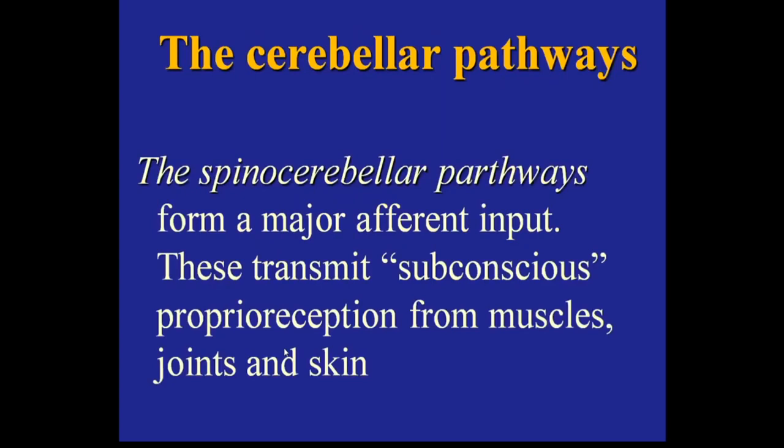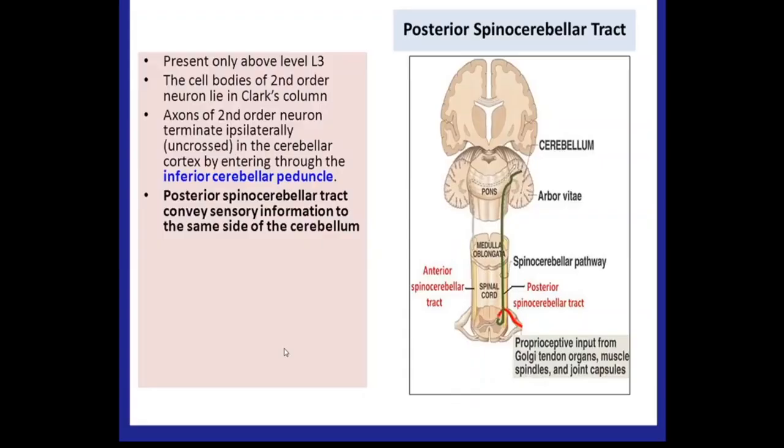The cerebellar pathways. The spinocerebellar pathways, in Latin tractus spinocerebellares, form a major afferent input. These transmit some unconscious proprioception from muscles, joints, and skin.